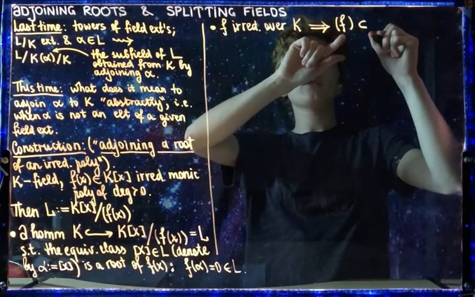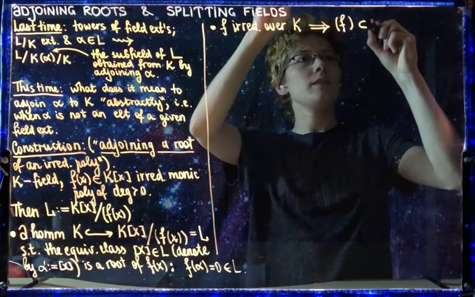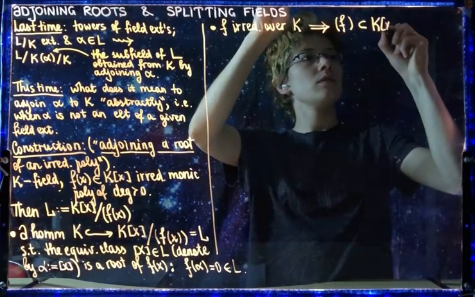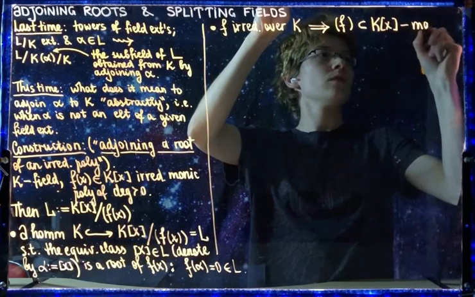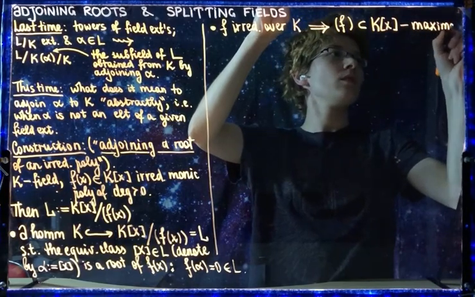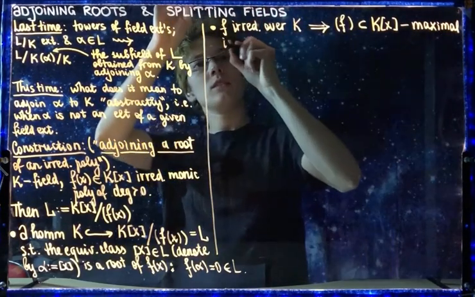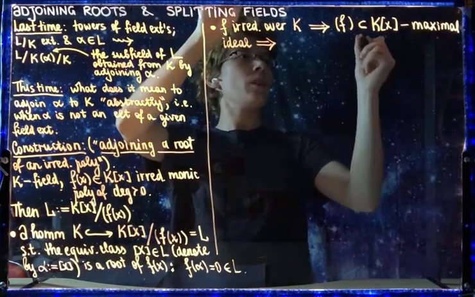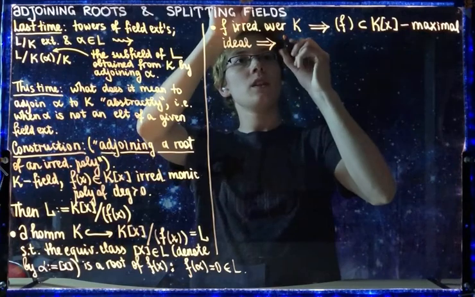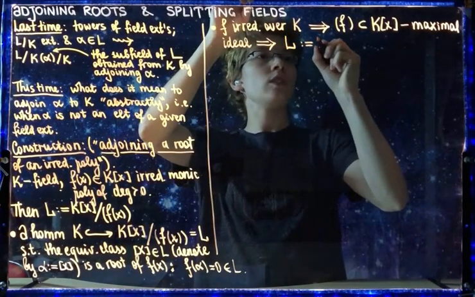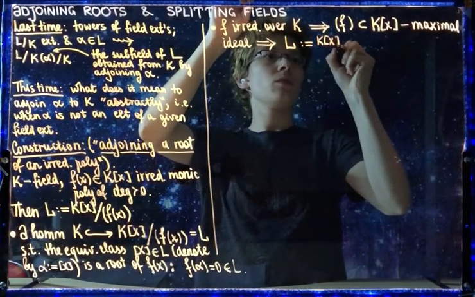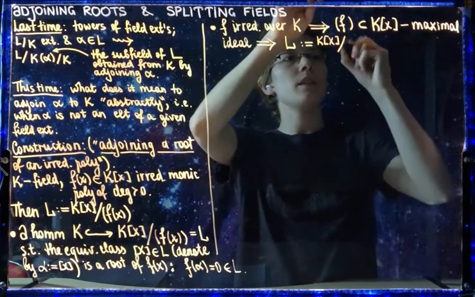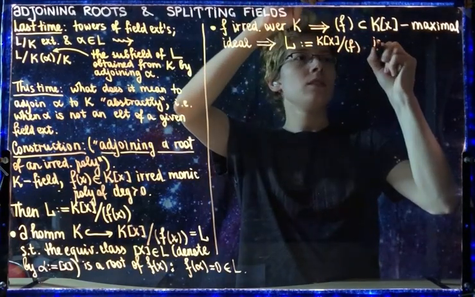So the ideal generated by an irreducible element is maximal. So this is a maximal ideal, and therefore its quotient is a field. Therefore L, which is the quotient of K adjoin x by this maximal ideal, is a field.